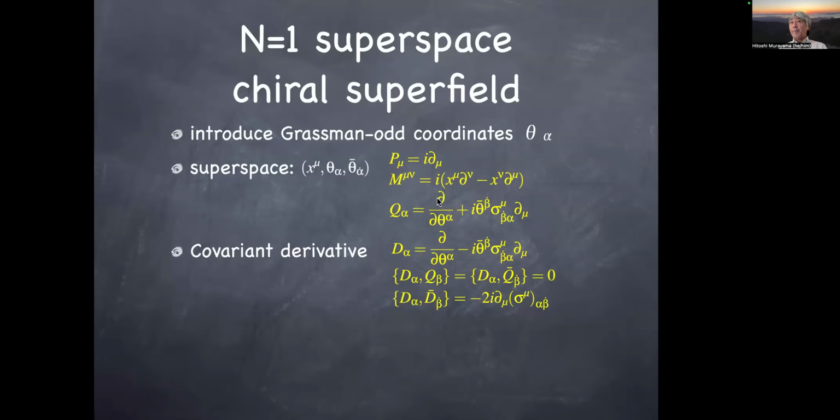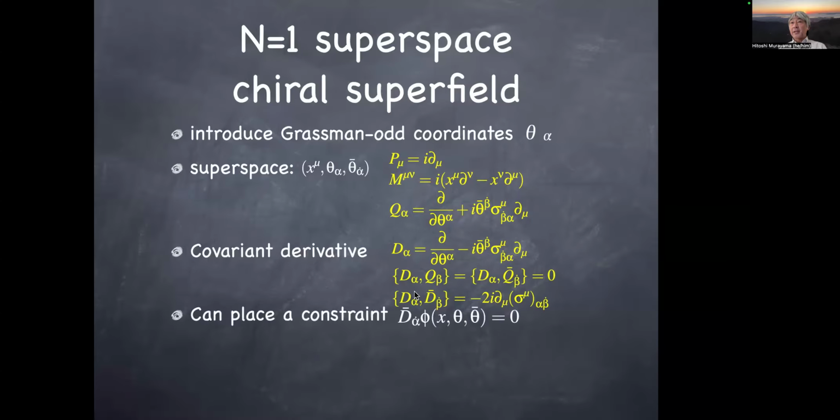Being consistent in this case means that the derivative operator should anti-commute with the supersymmetry operator. Both of them are, roughly speaking, translation in theta, but by changing the sign of this additional piece that involves the spacetime derivative, you can make sure that the Q, Q bar anticommutator really reproduces P, and Q and D anticommute with each other, and the D, D bar anticommutator is negative P mu, basically.